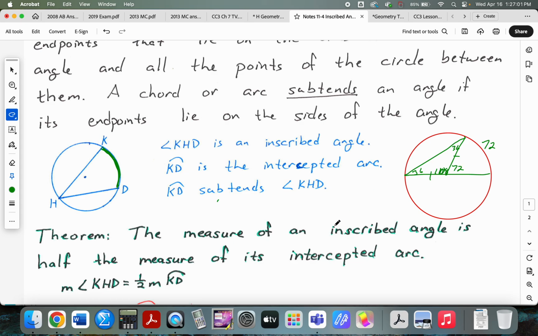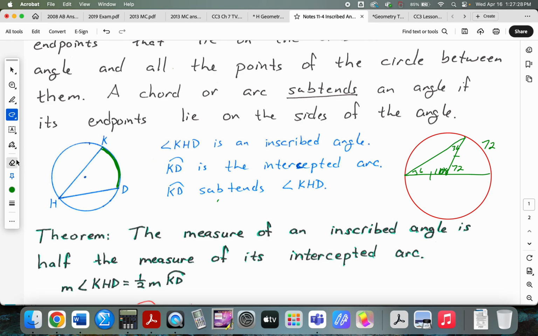If it was 4 times further away, it'd be 1/4 as big, but it's twice as far away. That's not completely and totally mathematically accurate. I'm like, well, how do you measure how far the vertex is from the angle? Where on the angle are you measuring? And it's not quite true, but that's the way I think about it. The further away it is, the smaller the angle is.